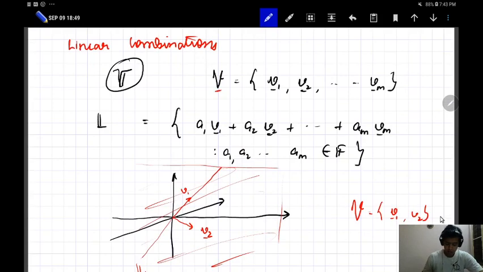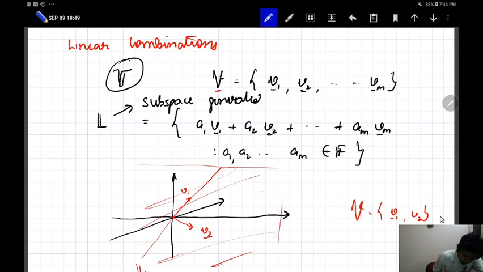Given a set of vectors v1, v2 up to vm, you take the set of all linear combinations of these vectors, then we get a subspace, and we call this the subspace generated by v1, v2 up to vm. Okay, and we say that v1, v2 all the way up to vm are generators of the subspace L.